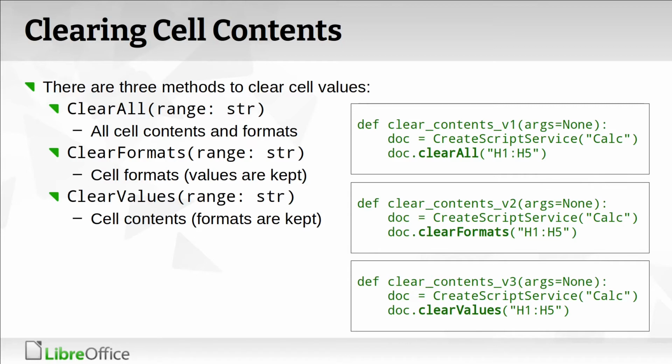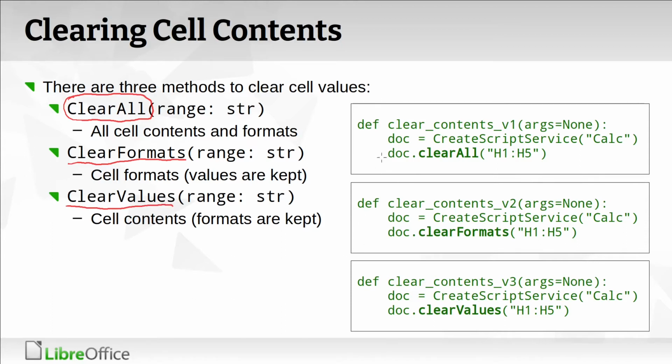So the idea here is to provide 3 methods. The ClearAll method clears everything: formats, values, everything. Then we have ClearFormats that clears only formats, and ClearValues, which clears only the values in the cells.